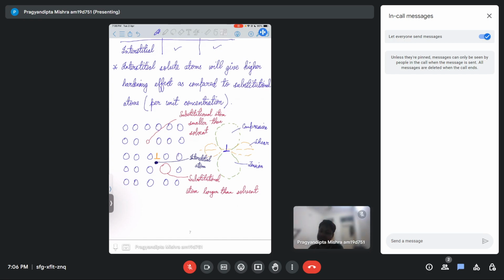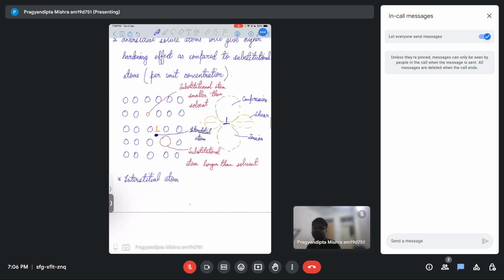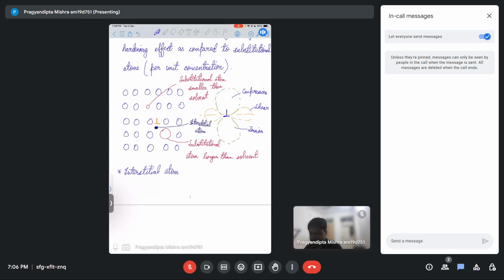So essentially what have we learned? Interstitial atoms will probably go and sit below the dislocation line. Interstitial atoms mostly go below the dislocation line, right?